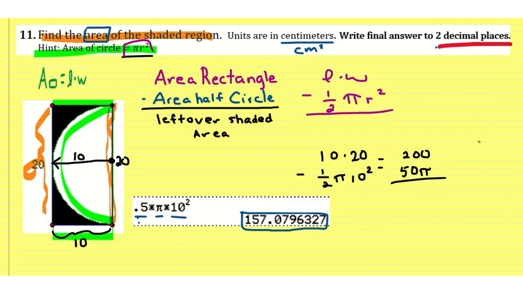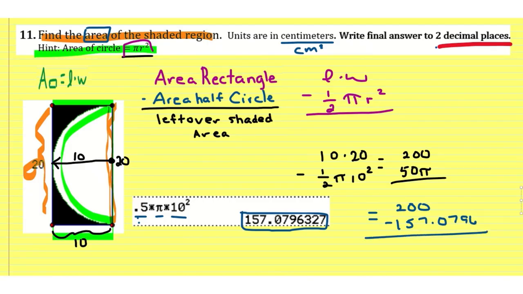That would be equal to 200 minus 157.0796.